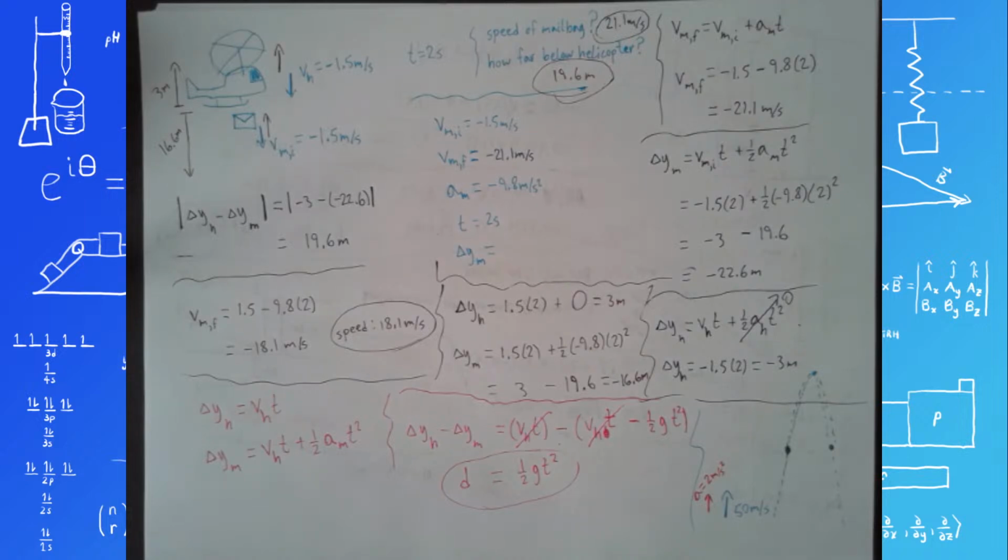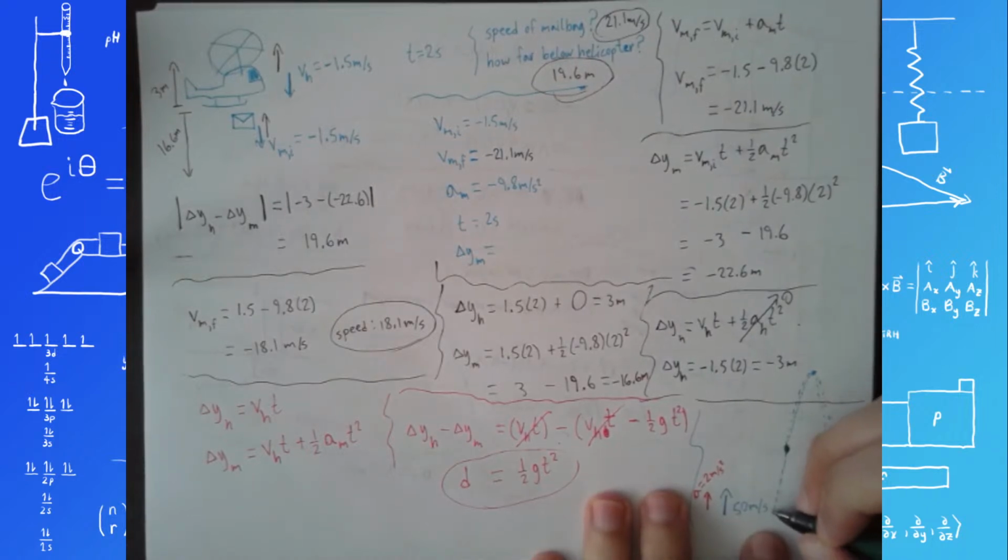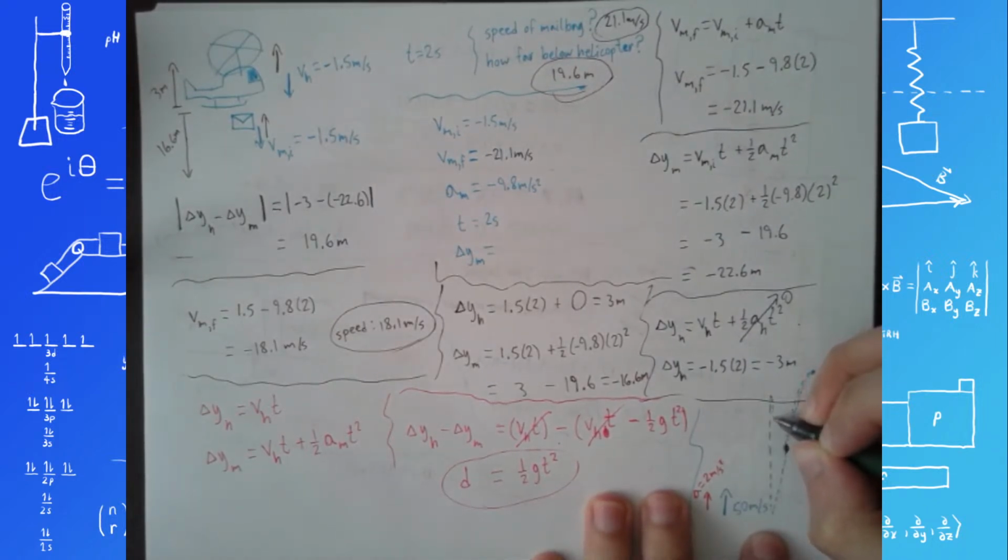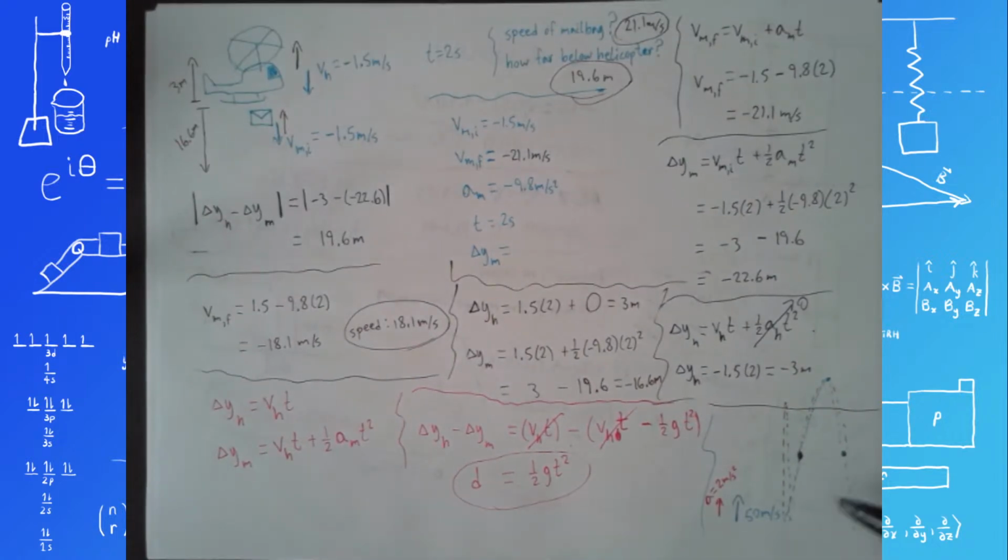If we wanted to draw the path more realistically, we would just draw a straight line up and a straight line down, and it's not very helpful when you draw it that way because it doesn't give you a way of visually separating the upward part from the downward part of the motion.